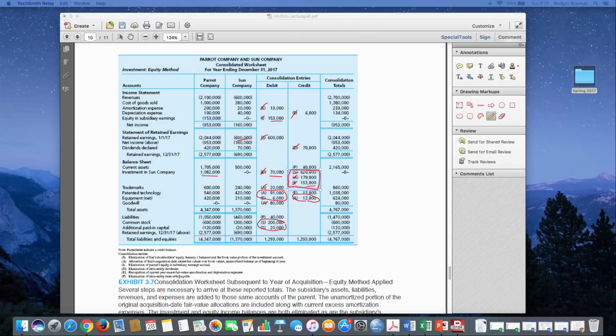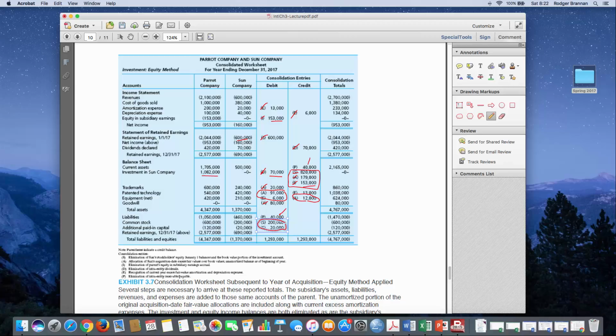Okay, now the final thing that you have to do here is this adjustment P. And adjustment P is to recognize the fact that there is this intercompany receivable that in this case, it looks like the parent lent some money to Sun.